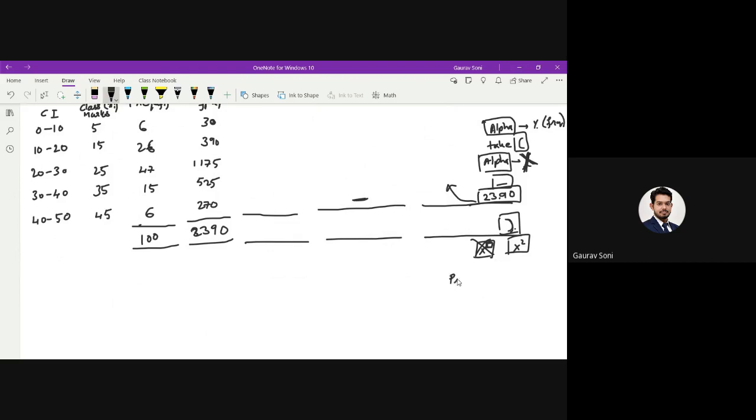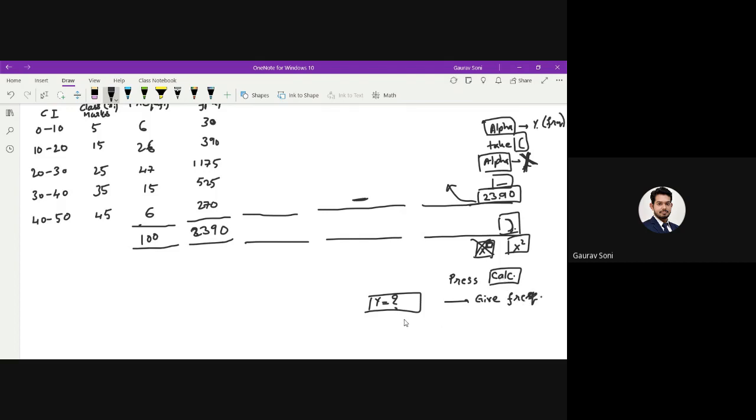Then after this, press CALC. Once you press CALC, what you will see on your screen is Y question mark. Then give the frequency.